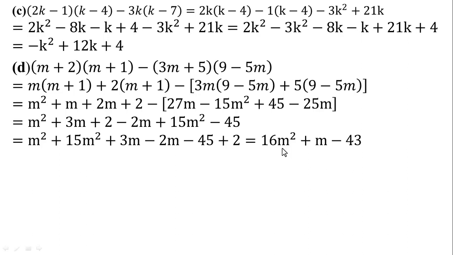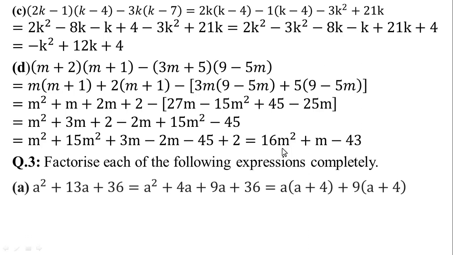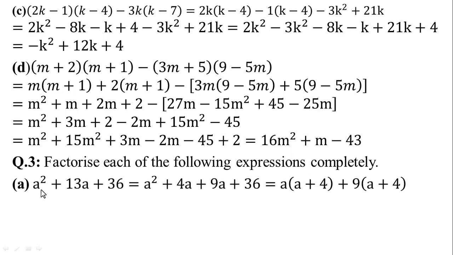Now in question number 3, factorize each of the following expressions completely. First of all, A part, a square plus 13a plus 36. Now 1 multiplied by 36, answer is 36.